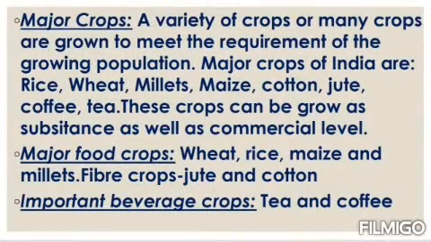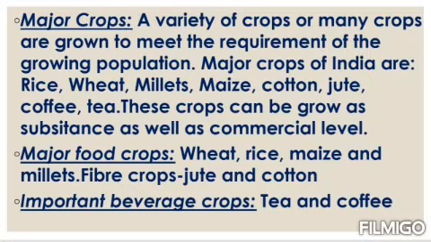The first topic is major crops. A variety of crops, or many crops, are grown to meet the requirement of the growing population. Major crops of India are rice, wheat, millets, maize, cotton, jute, coffee, tea.